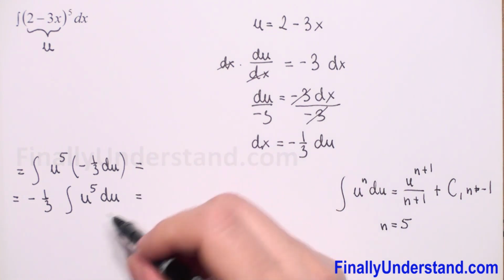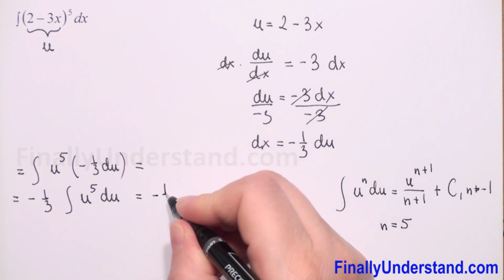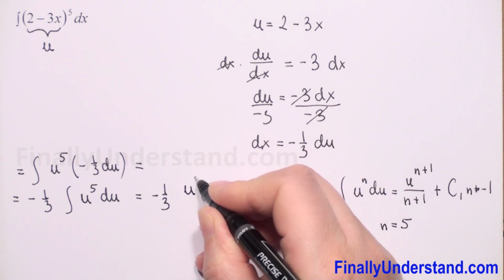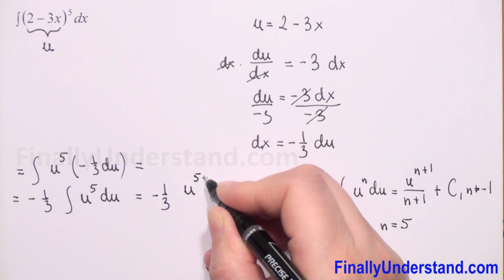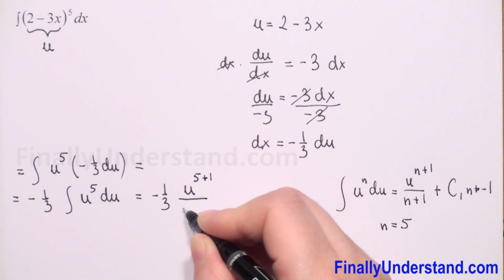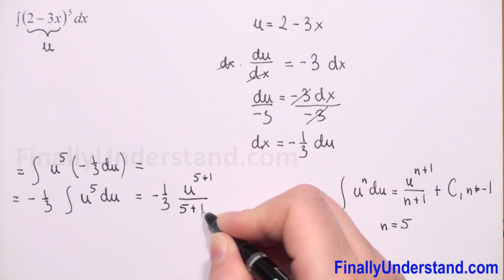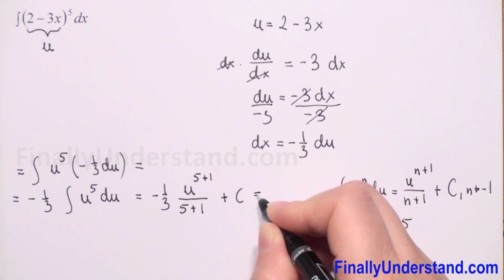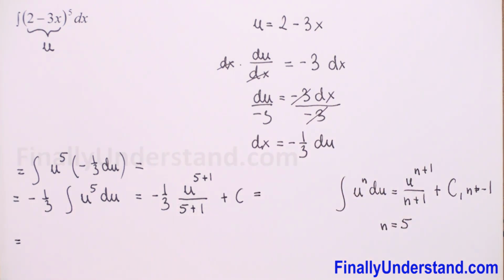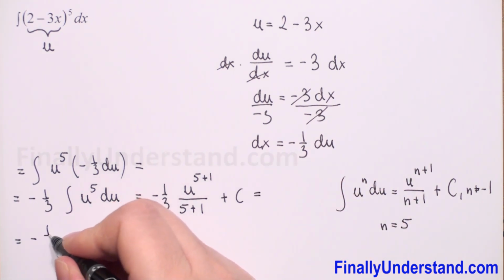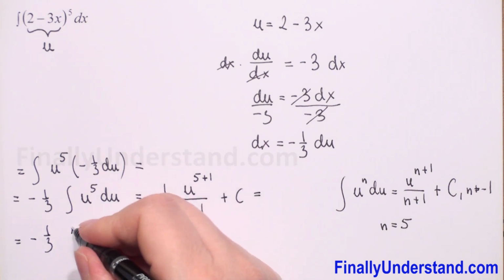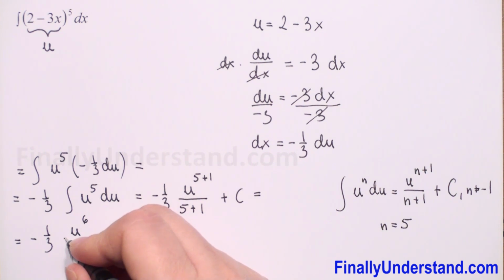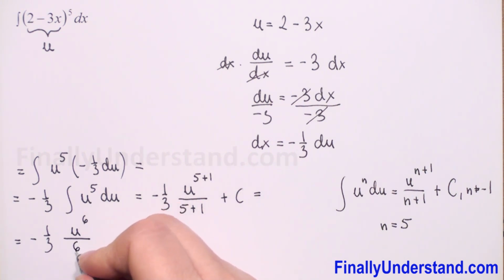So we have to copy negative 1/3, and we have in the numerator u to the power 5 plus 1 over 5 plus 1 plus c. So this is equal to negative 1/3 times u to power 6 over 6.